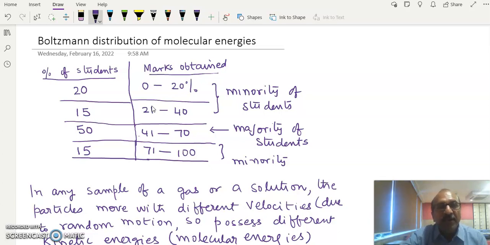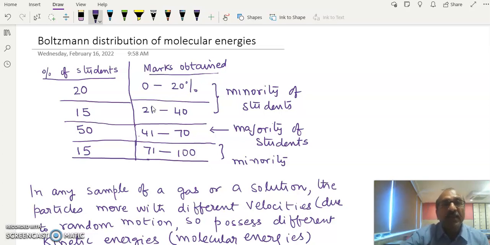But the majority of the students, say 50%, will be scoring marks which are neither too low nor too high. Let's say from 41 to 70% marks will be obtained by the majority of the students. And once again, the percentage of students scoring very high marks is also going to be a small percentage.